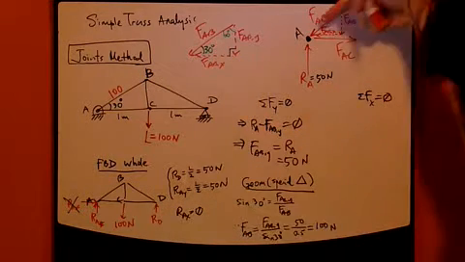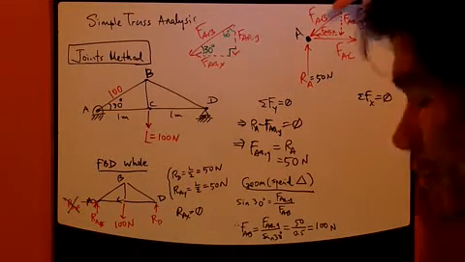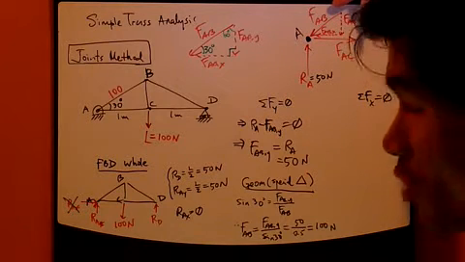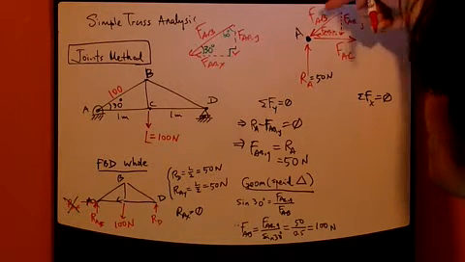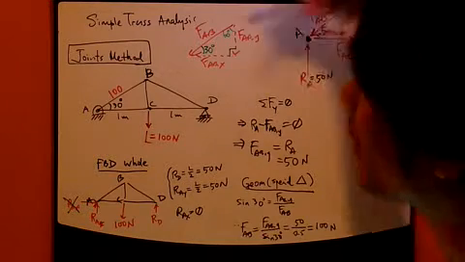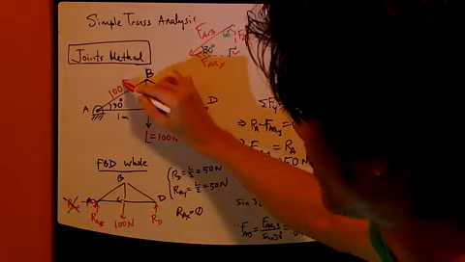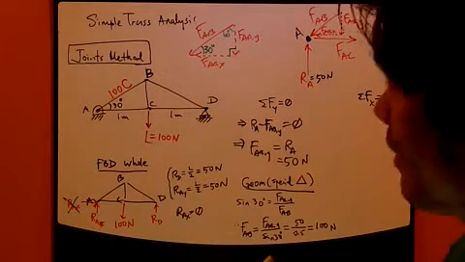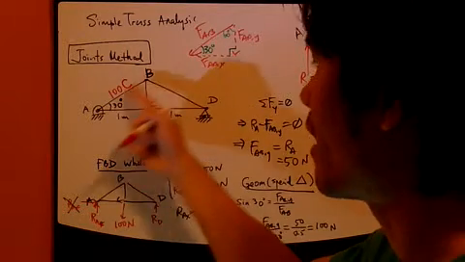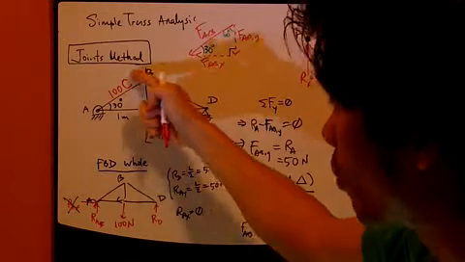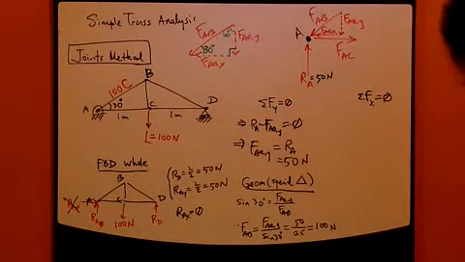Knowing this direction of AB, just like what I've taught you before, using Newton's third law, we'll figure out this FAB actually represents a compression force. So that's how you indicate it: 100C for compression. This indicates that member AB is under a compression force of 100 Newton.